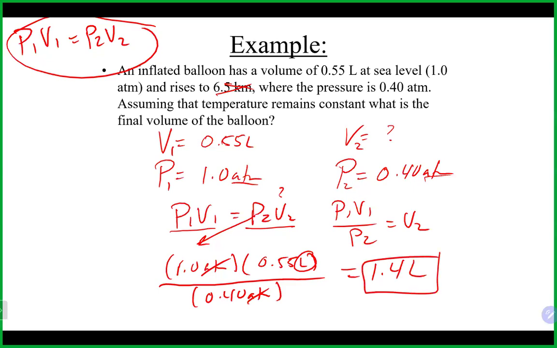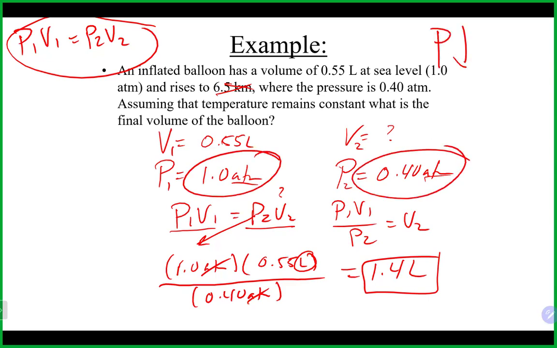Any questions on that there? Now, understanding the relationship of Boyle's law, we could double check in a sense that we didn't screw something up. It is very common that people sometimes will reverse numbers or invert numbers. We see that the pressure here went from 1 atmosphere to 0.4, which means the pressure goes down. That means my volume should go up, right?